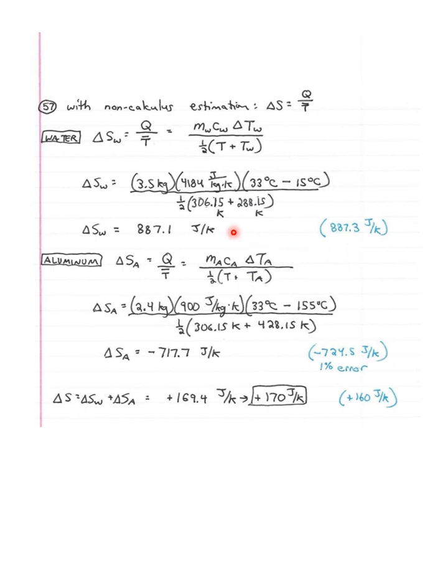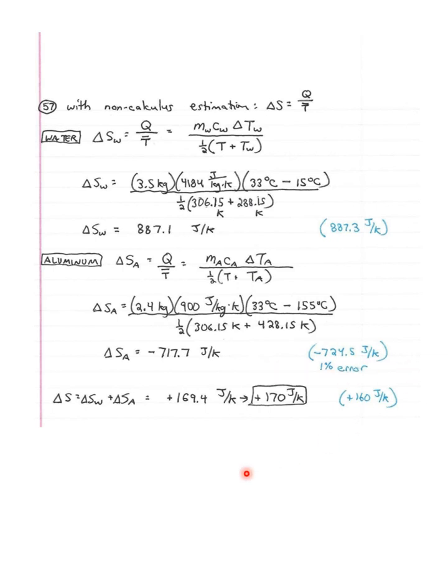Here for the water, it really wasn't that far off from the calculus solution, and that's because the water's temperature didn't change much. And so the estimate is pretty good. The aluminum's temperature changed significantly, and so we get more of an error. We get about a 1% error.